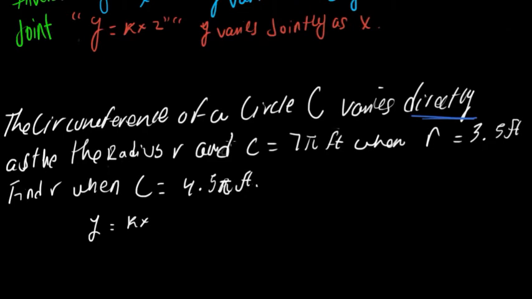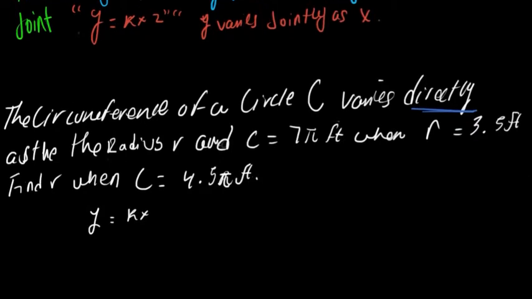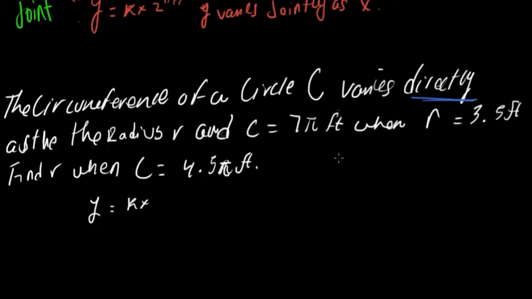This says C varies directly as R. So C is equal to k times R. We want to find the relationship between C and R, the circumference and the radius.